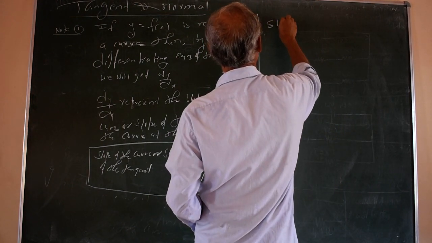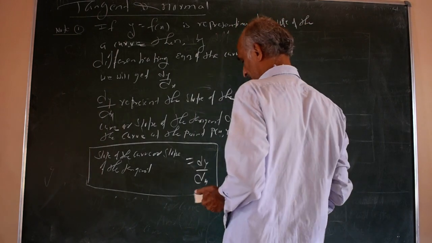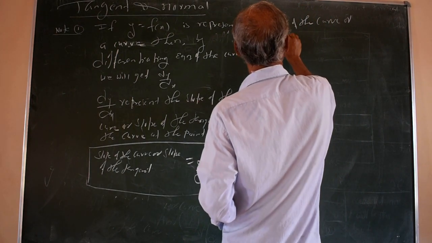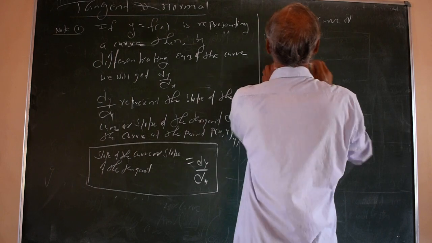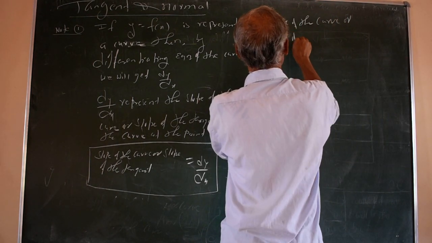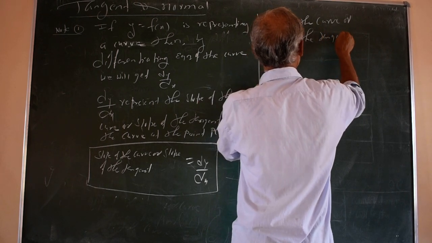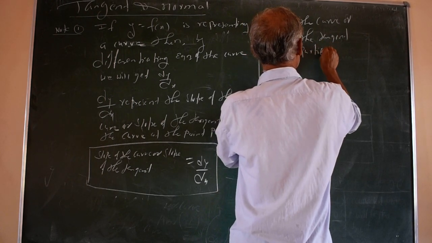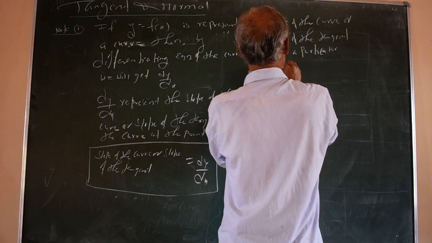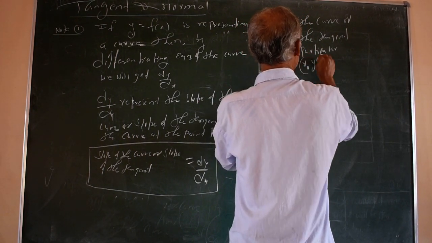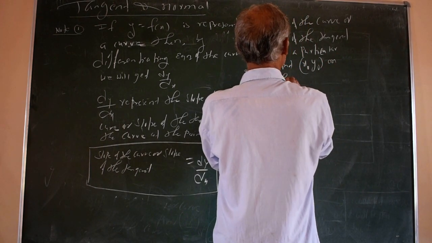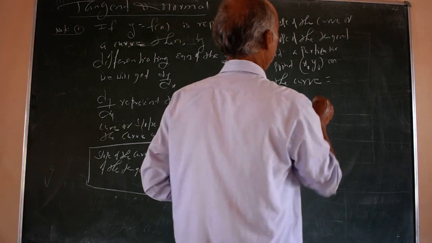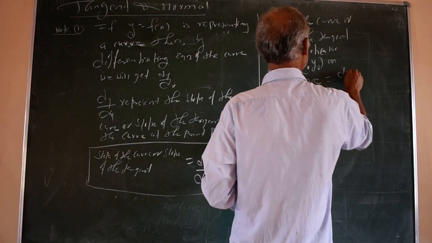Slope of the curve or slope of the tangent at a particular point x0, y0 on the curve is equal to dy by dx.